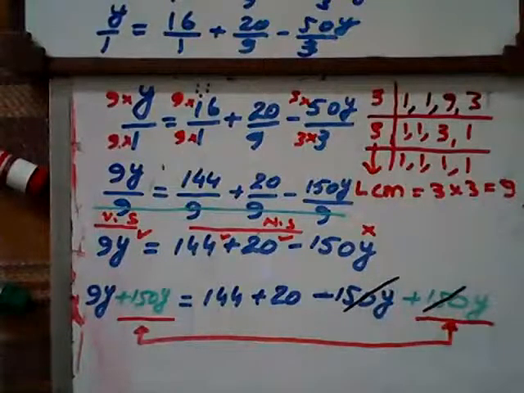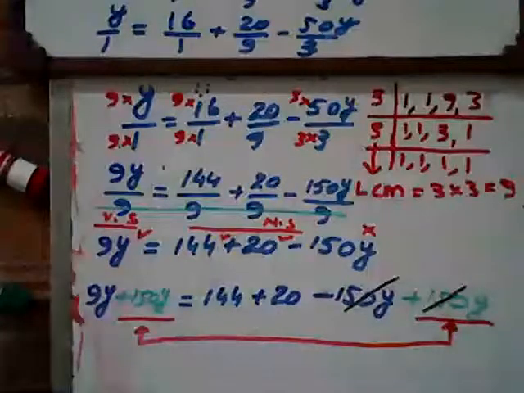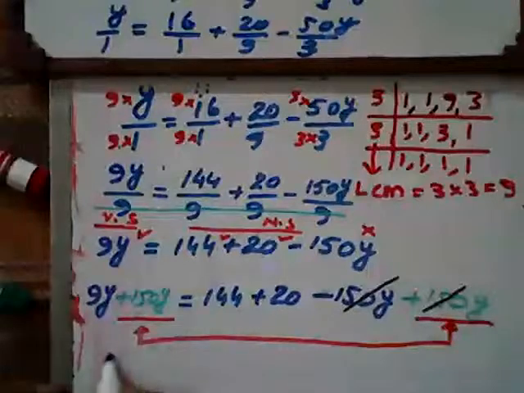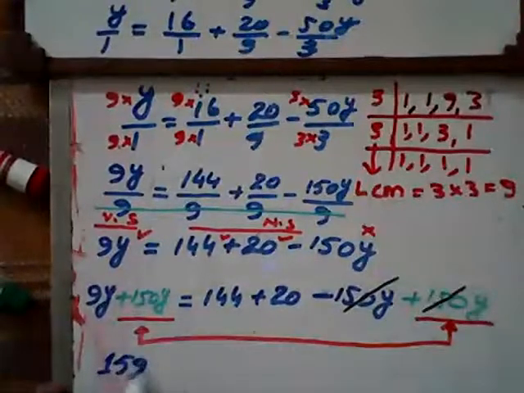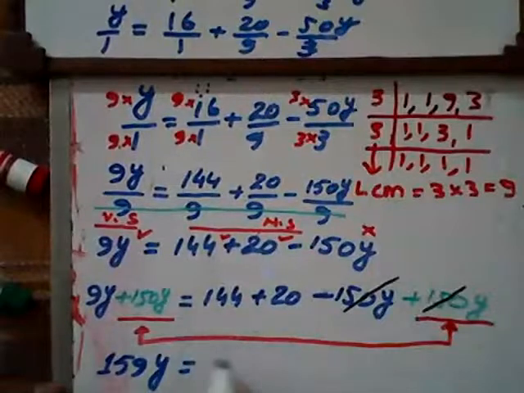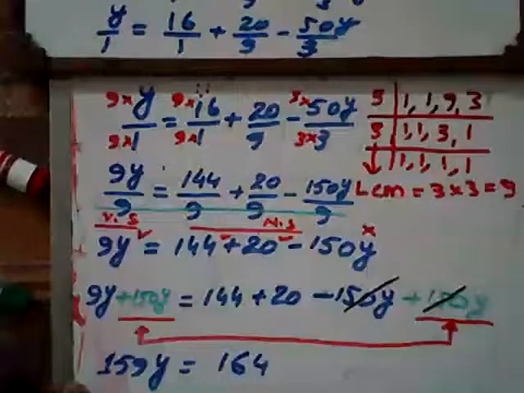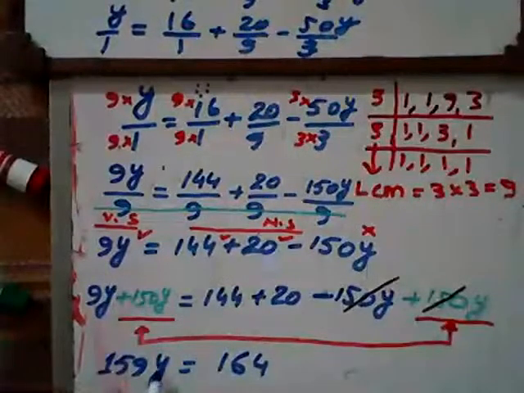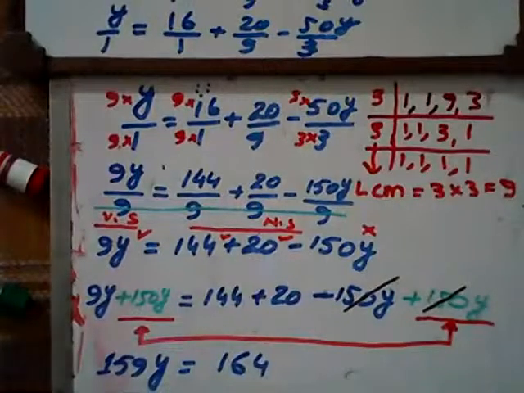So we cancel, and now this becomes 159y. 9y plus 150y is 159y is equal. Now we can add these numbers. One equation, 159y, and this is in the wrong place because we need the value of y only. We don't need the value of this. So to complete 159, what we do is divide.